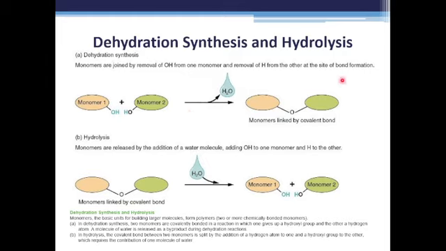As you can see, this is just the reverse process of dehydration synthesis. Hydrolysis reactions are essential for the digestion of food, for breaking down stored energy, and for recycling cellular components.